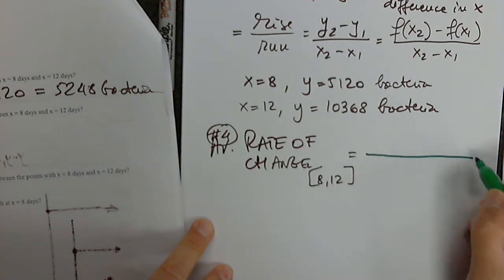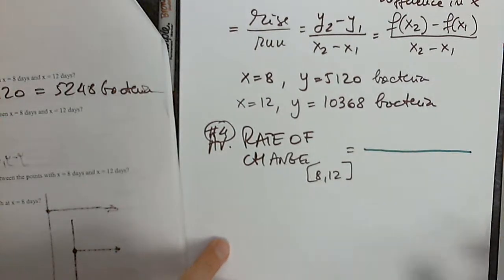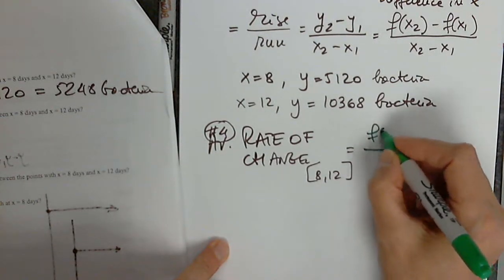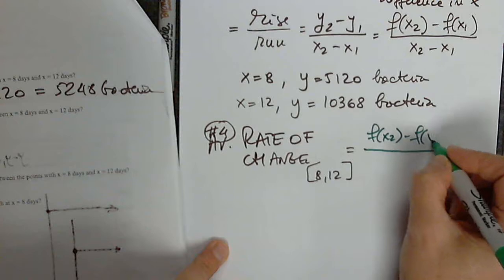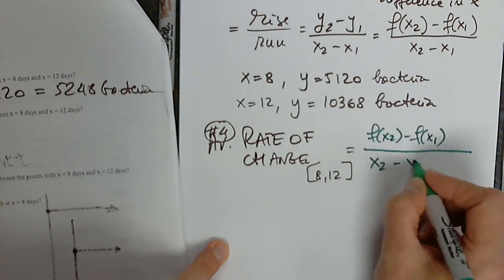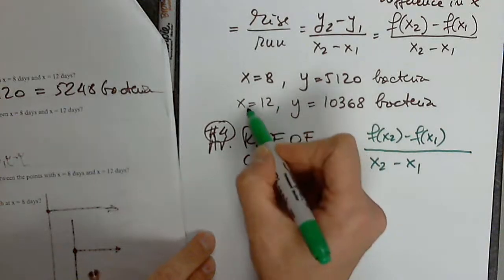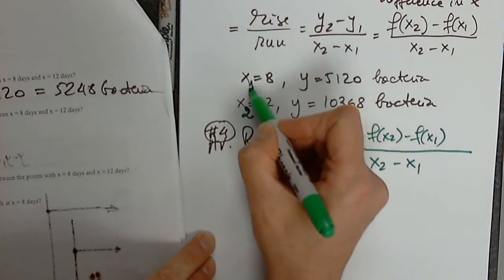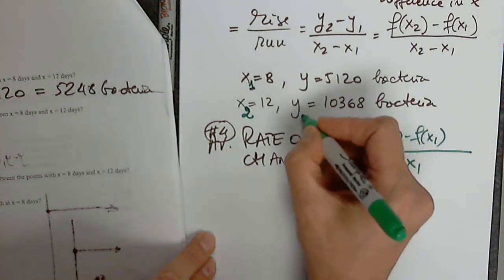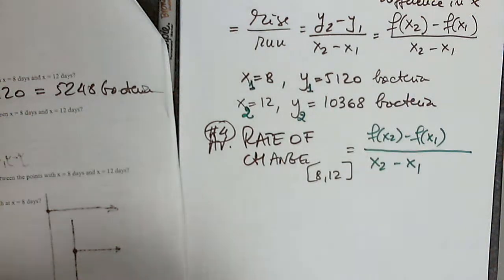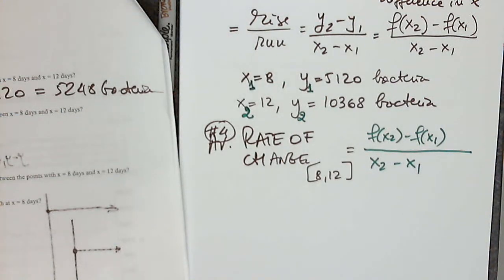Exactly, perfect. Since we're talking about the average rate of change, I would say f of x2 minus f of x1 over x2 minus x1. In order not to lose track of what I'm doing, I will consider this x2 and this x1, and this y2 and this y1, just to make sure I don't make a mistake when I plug them in.